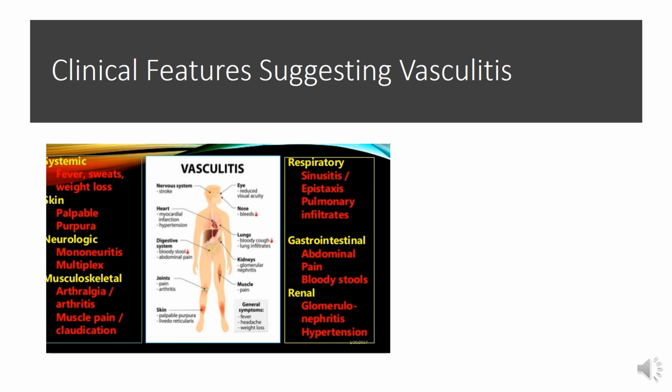The nervous system is affected, like mononeuritis multiplex, sensory neuropathy, cranial nerve abnormalities, central nervous system mass lesions, external ophthalmoplegia, sensorineural hearing loss. The musculoskeletal system: arthralgia or arthritis, muscle pain or claudication. The respiratory system: sinusitis, epistaxis, pulmonary infiltrates. Gastrointestinal system: abdominal pain, bloody stool. Renal system: glomerulonephritis or hypertension.